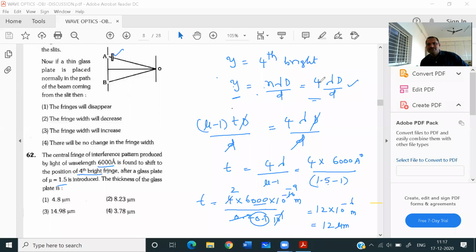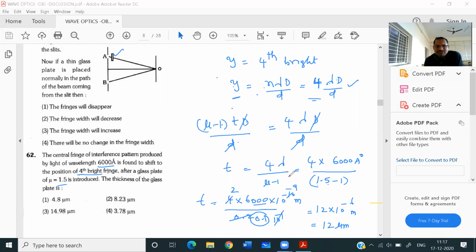The fourth bright fringe position is 4 lambda capital D by small d. Then the shift due to that glass slab is (mu minus 1) into t capital D by small d.